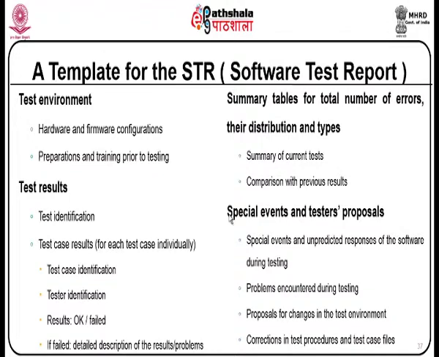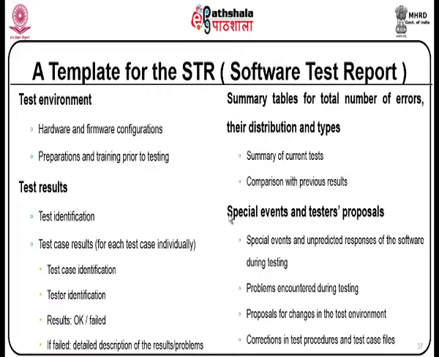Test results: test identification, test case results for each test case individually. Test case identification, tester identification, results: OK or failed. If failed, detailed description of the results or problems. Summary tables for total number of errors, the distribution and types.